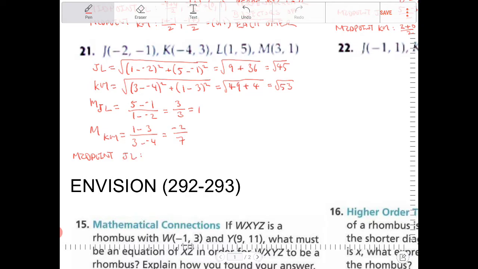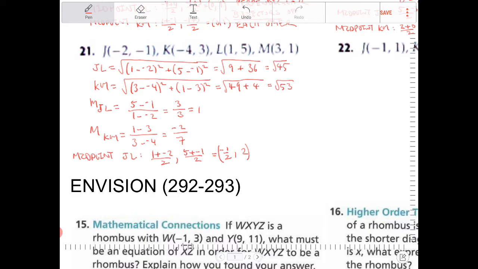So that is 1 plus negative 2, comma 5 plus negative 1 over 2. And what is this? This is really negative half, comma positive 2.